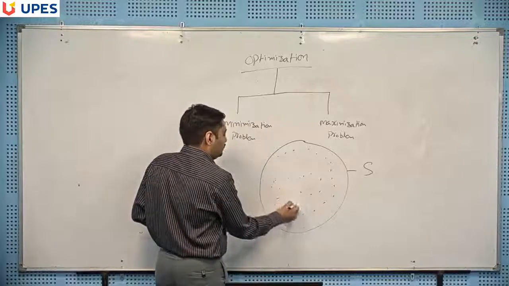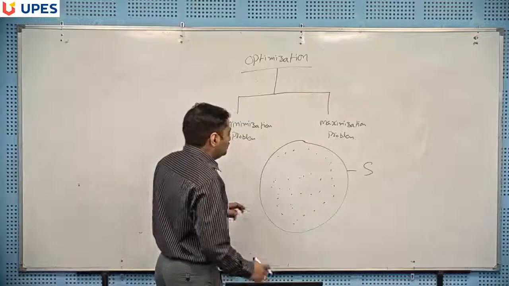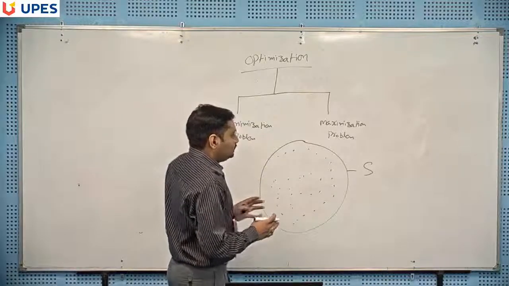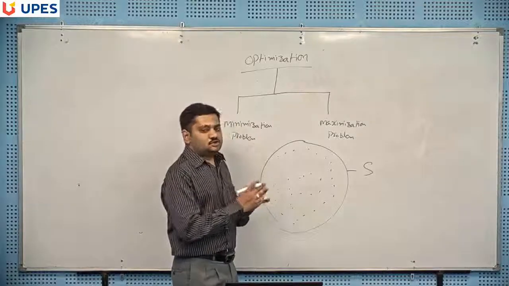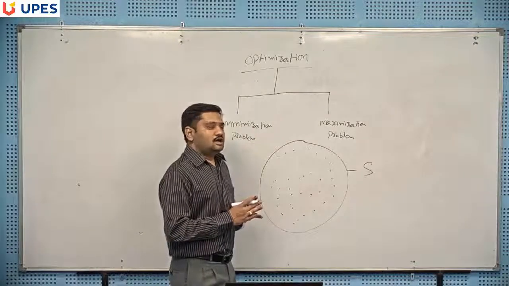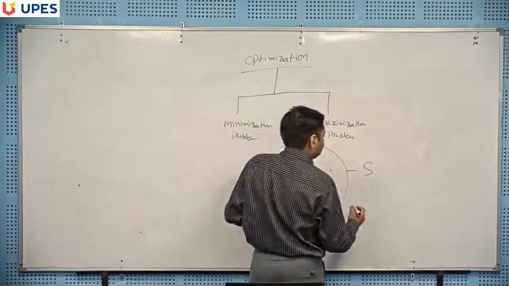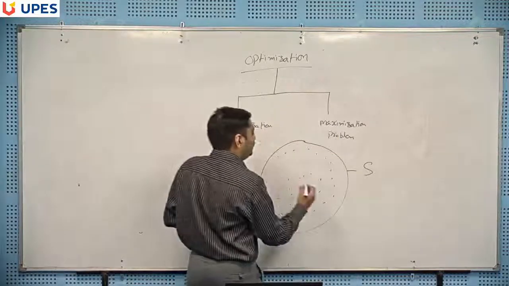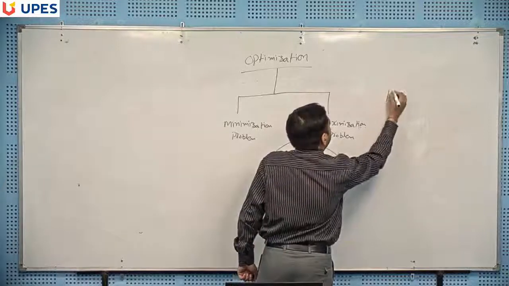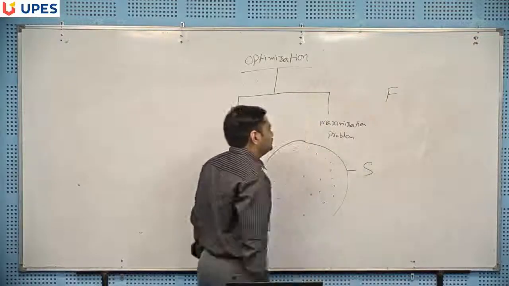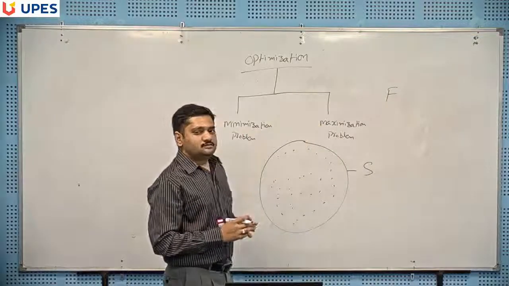In this search space, there are some specific solutions which are known as feasible solutions, and we call it F. What is a feasible solution?